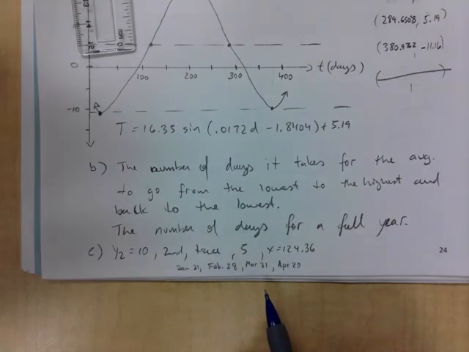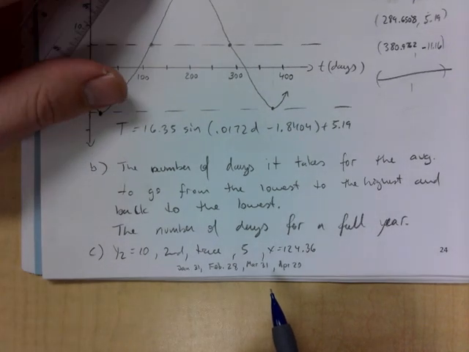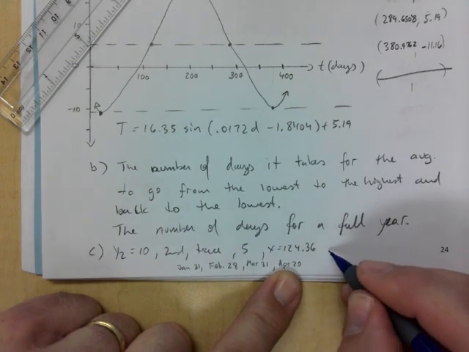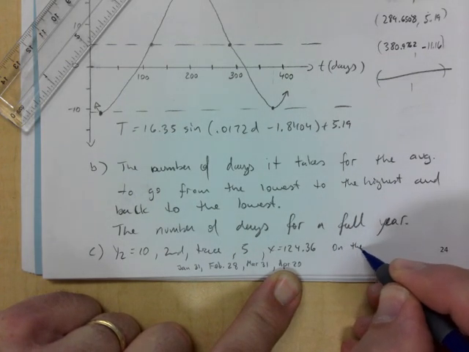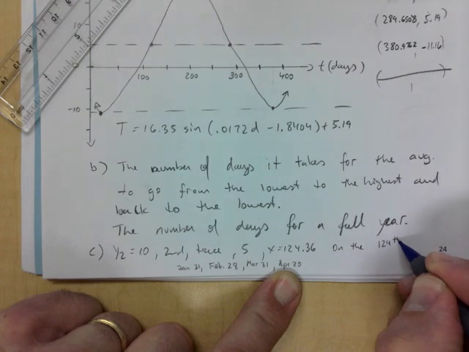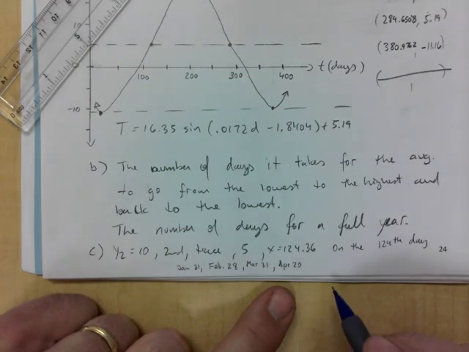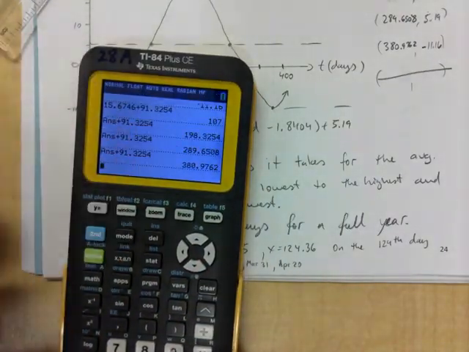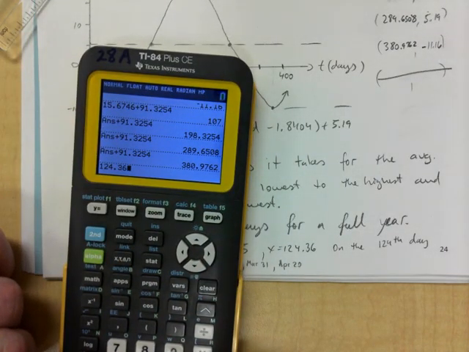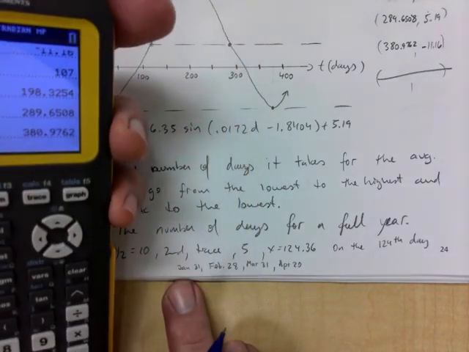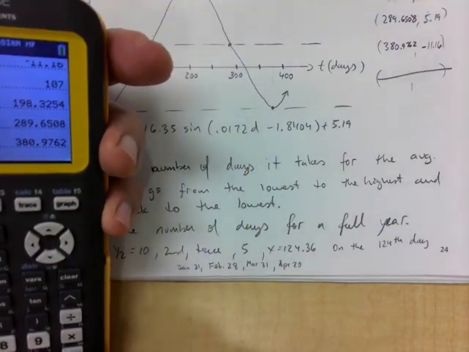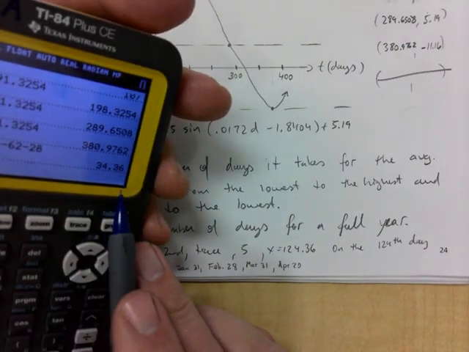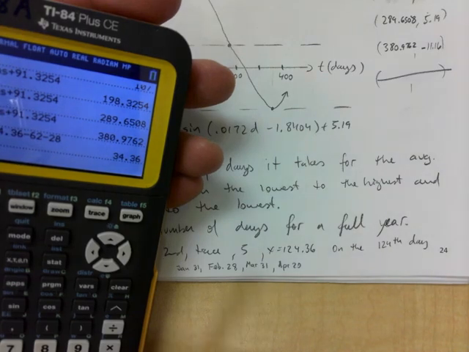So if they asked for the exact day, right, then we would have to figure that out. But we could just say on the 124th day. And so if we go, I want to calculate that exactly, 124.36 minus January, February, that's already 62, minus 28, that gets us to 34 actually, right? 34 days remaining.